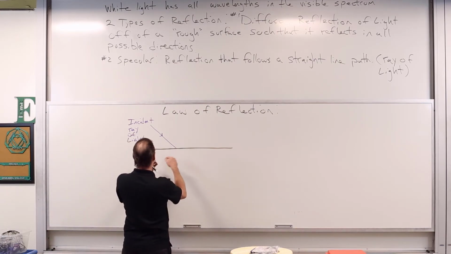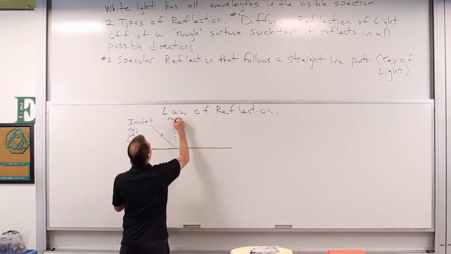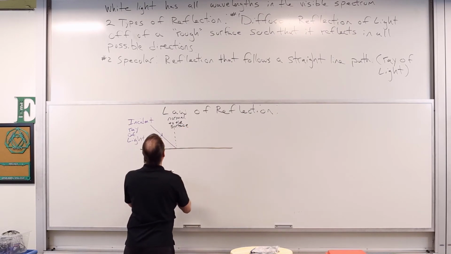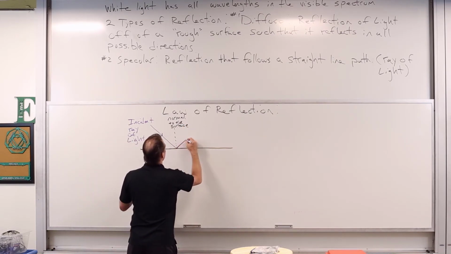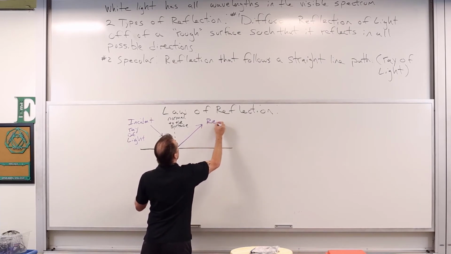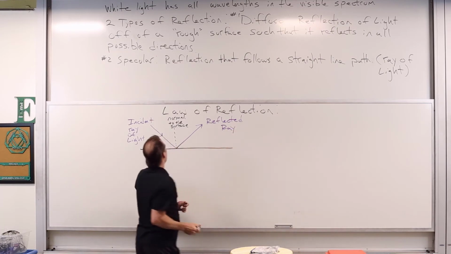And it strikes this surface, and there's a normal regarding this surface. What happens? Well, it reflects off. How does it reflect off? It reflects off like this. Call that the reflected ray.